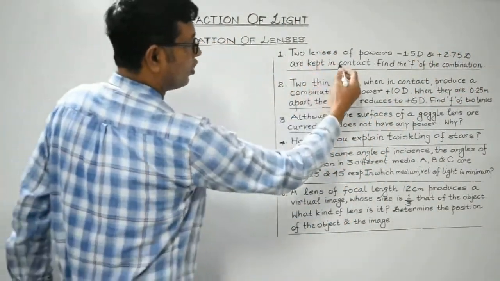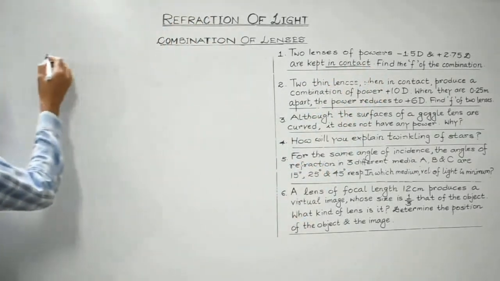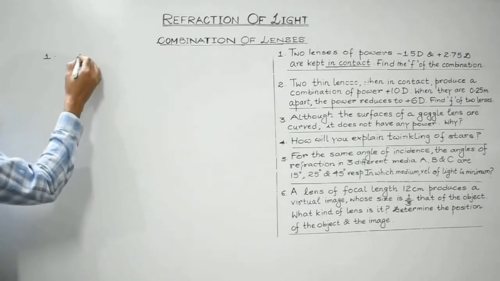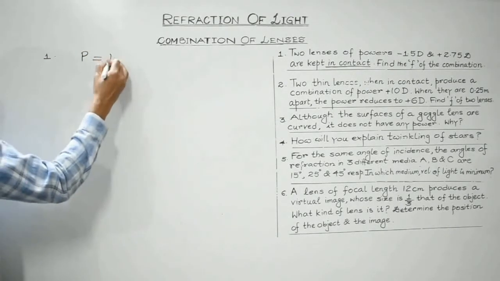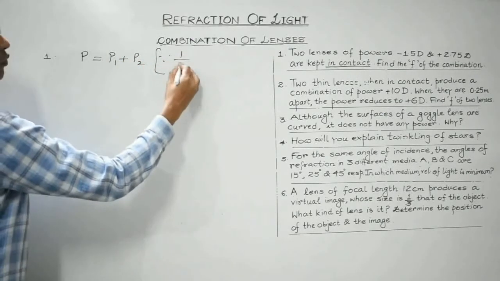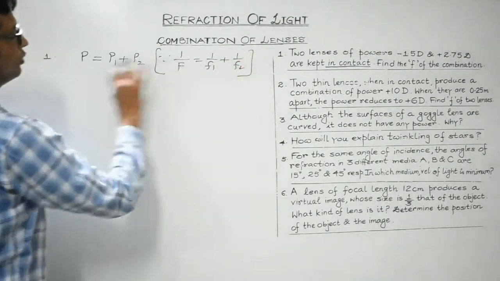So they are kept in contact. This is the key point. They are kept in contact. So students, what's the formula for the power then? Just now we have discussed. P is equal to P1 plus P2, since 1 by F is equal to 1 by F1 plus 1 by F2. Isn't it?